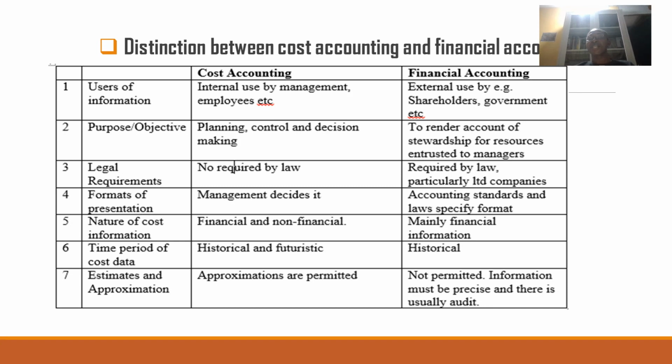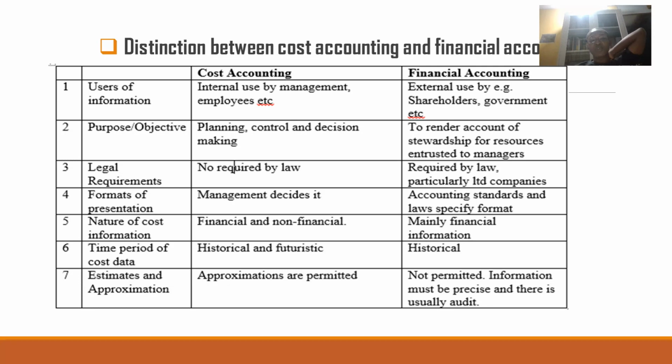So you're interested in the nature of information reported. Cost accounting reports both financial and non-financial information, while financial accounting mainly focuses on financial information, as the name implies. Then the time period of cost data.